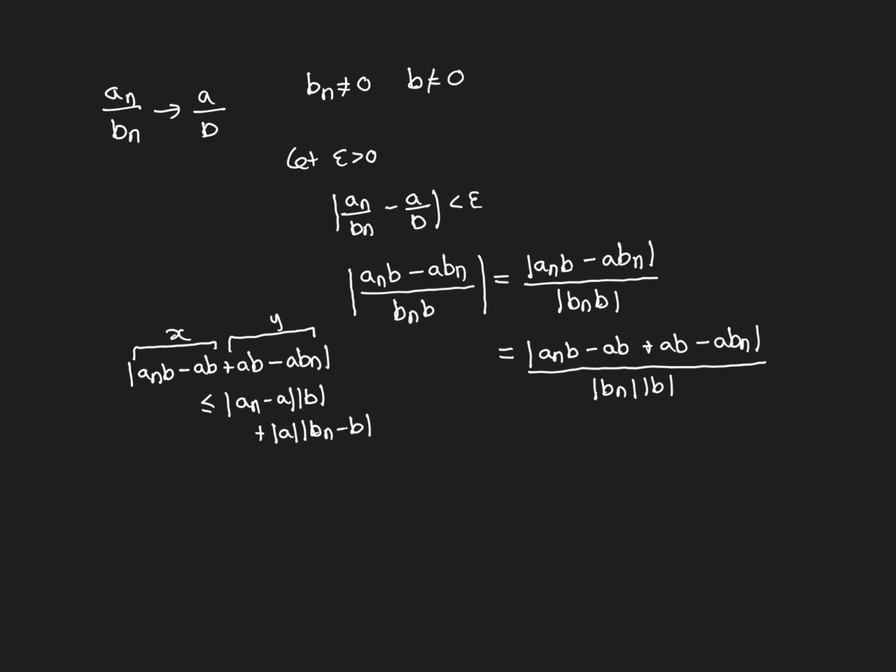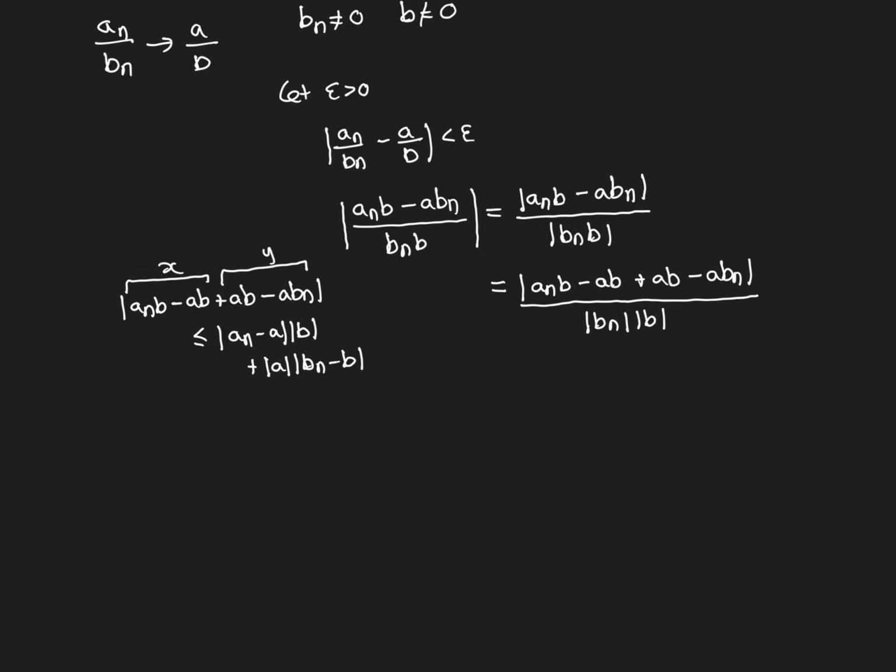And then because this is less than or equal to this, this thing divided by this thing is going to be less than or equal to this thing divided by this thing. This, after all, is a positive number, so its multiplicative inverse is a positive number, so we can multiply both sides of this inequality through by that, and we don't need to flip the sign of the inequality.